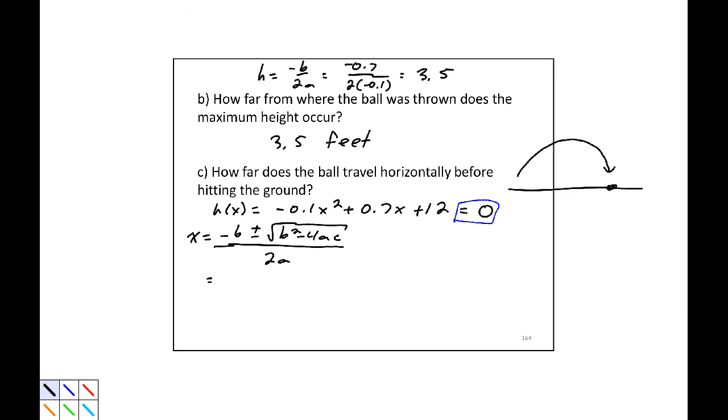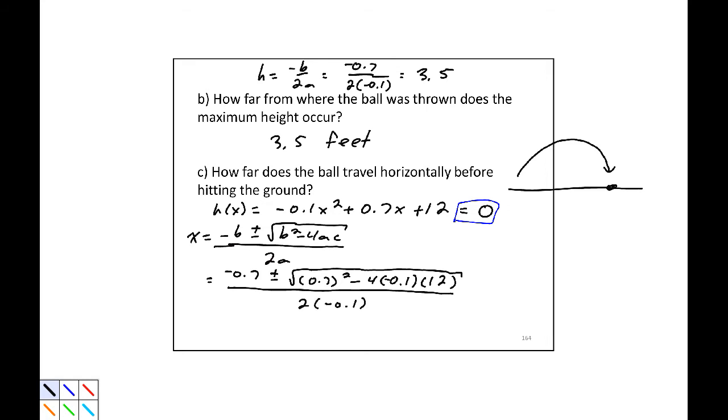Negative b would be negative 0.7 plus or minus the square root of 0.7 squared minus 4 times negative 0.1 times c, which is 12, divided by 2 times negative 0.1. I'm going to do this in the calculator. Let's do the discriminant first: 0.7 squared minus 4 times negative 0.1 times 12.